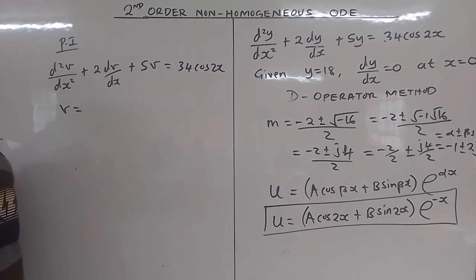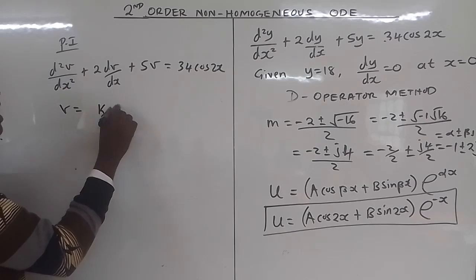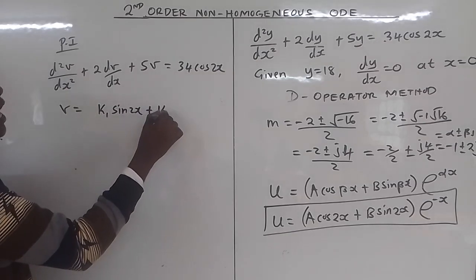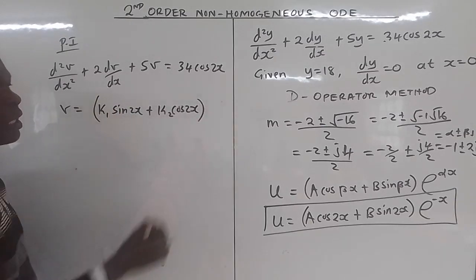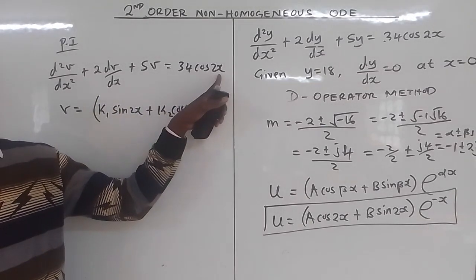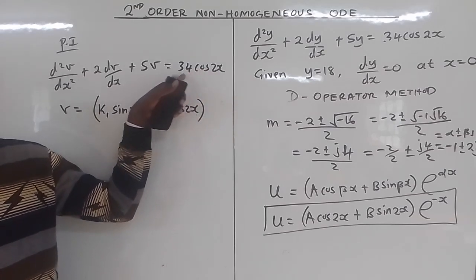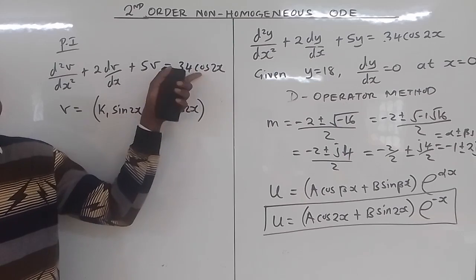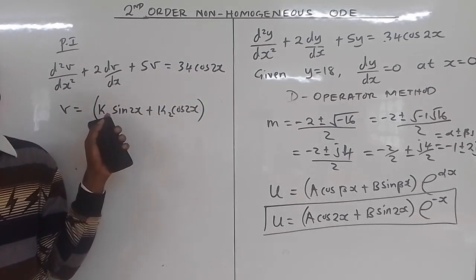So you have k1 sine 2x plus k2 cos 2x. That is according to the function here. The function is 34 cos 2x, but we are not interested in the constant part. We are only interested in the function which is there.